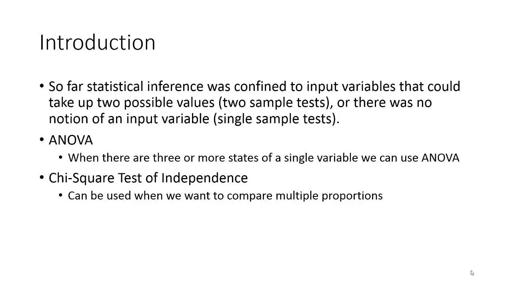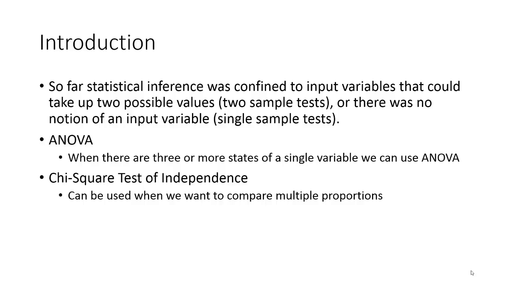Now there are also cases where it doesn't make sense to think of these as input and output variables. These are the single sample test cases where you just have one variable, height, and you've defined all the other parameters around it.